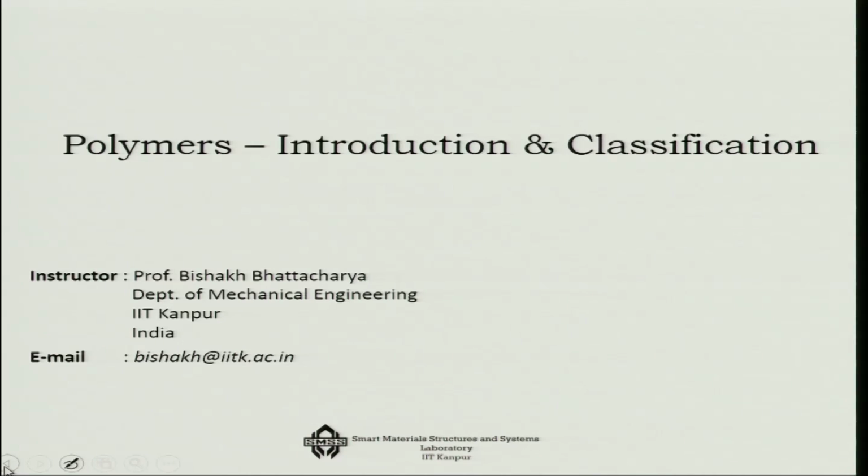Good morning everybody. In the domain of materials, so far we have covered metals and ceramics. So now we will go to a new domain of materials, which is the polymers. We will first start with a basic introduction to the polymers, and then we will gradually see what are the very specific mechanical properties of polymers and what is the mechanical behavior, what is so interesting about the behavior of polymeric materials.